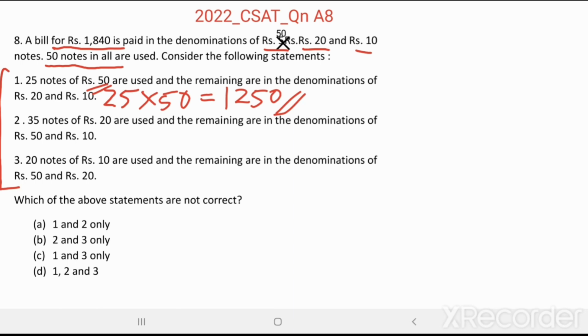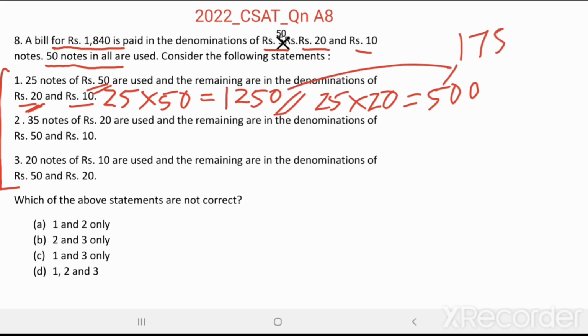Then the remaining has to be paid using rupees 20 and rupees 10 notes, and you can use only 25 notes. Suppose all the 25 notes are rupees 20 notes, that is the maximum value. Then 25 into 20 equal to 500. Then adding these two, we get 1750, which is less than 1840. Therefore, the first statement is incorrect.